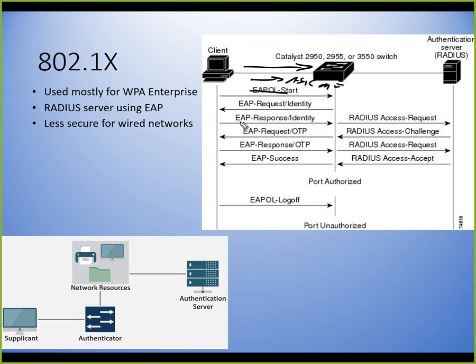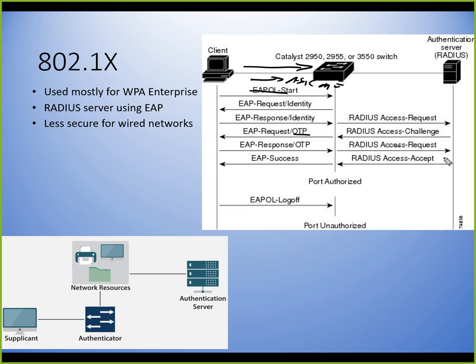When that happens, the EAP response identity gets sent to the Radius server as the access request. The Radius server sends the challenge back, the OTP, one-time password, EAP request, the challenge goes back. Then we have the response that comes back. We encrypt the challenge with the password, and you kind of saw what one looked like in the PPP exchanges we had a few minutes ago.